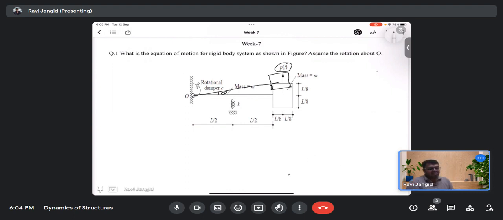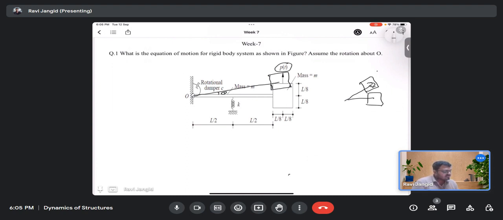Initially it was like that, but when I give a theta rotation, it comes like that. So my box also tries to rotate, but it is resisted because it is rigid, so that force will generate rotation in this mass itself.